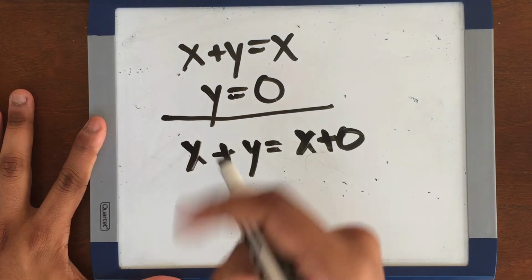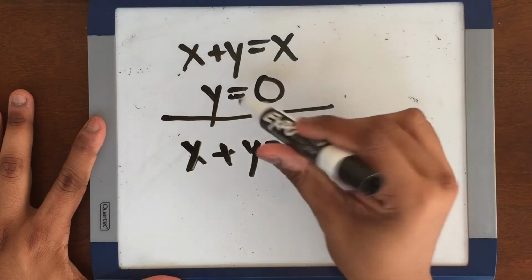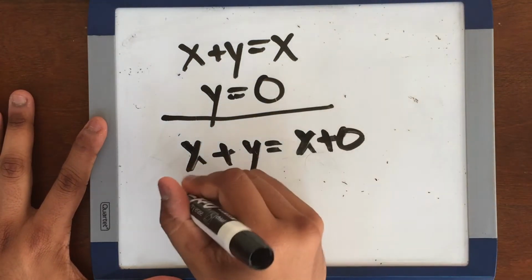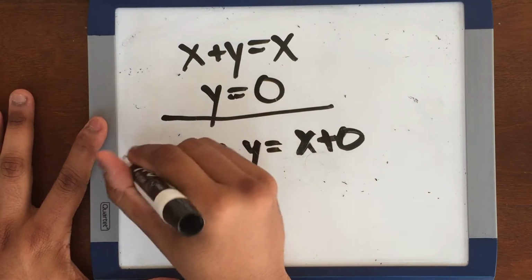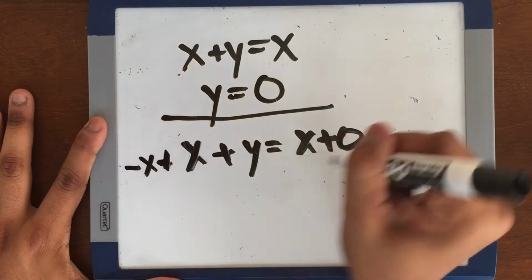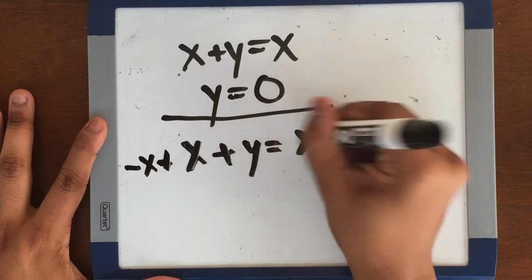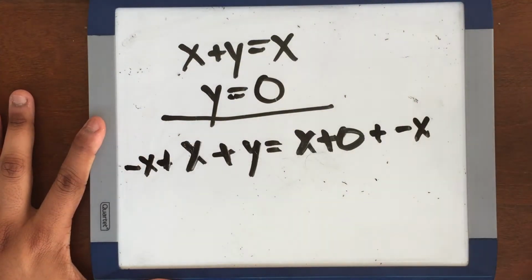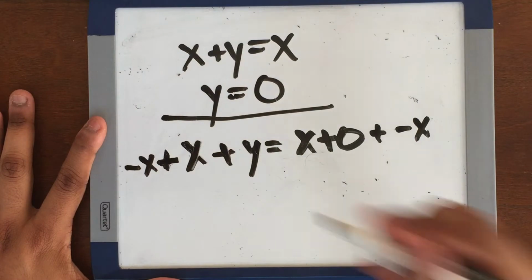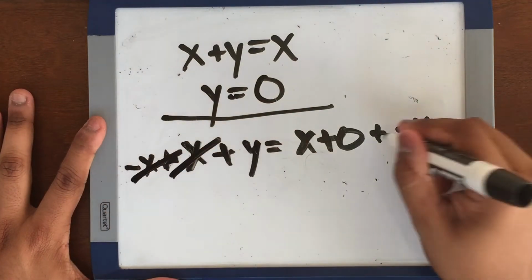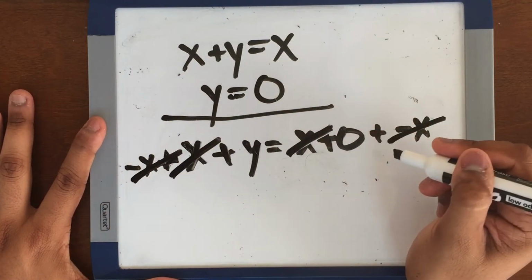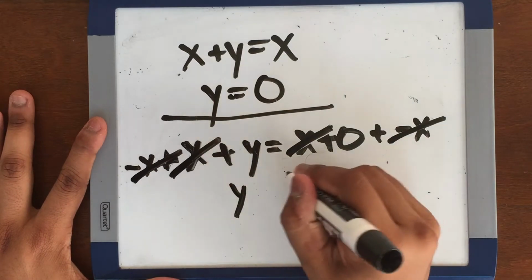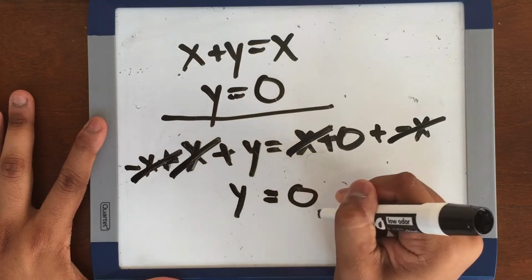Then, similarly to what we did in our last example, if we add the inverses, so if we add negative x, and I can add it wherever I want in the formula because of the commutativity of addition, we can cancel out our x's, and we're left with y is equal to 0.